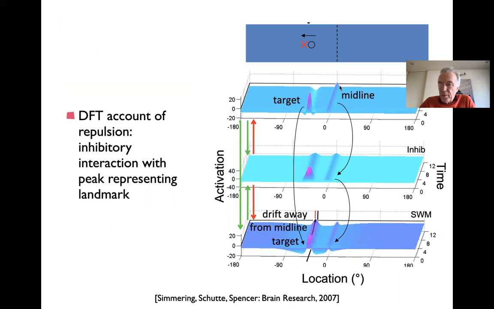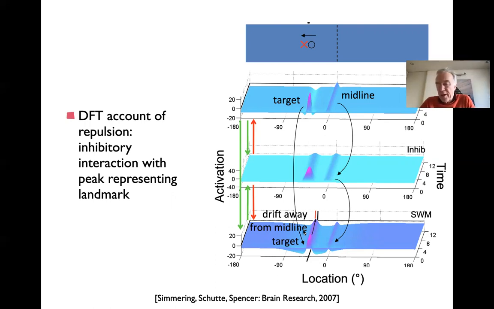See, there's also some subthreshold activation here at the midline, at that perceptual marker. And the repulsion that you see here, this drifting out, ultimately comes from inhibition. It comes from the fact that this activation here spreads inhibition. So it pushes this peak out by eating away here on the right end, and then the field builds up activation on the left end and effectively drifts out.